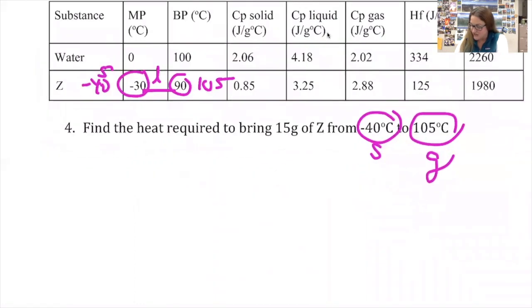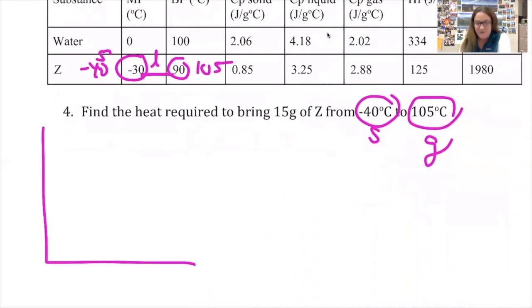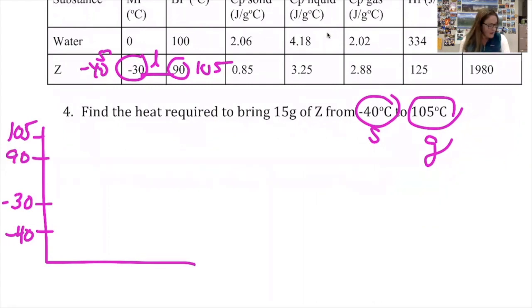Knowing that I have a phase change, I'm going to make a heating curve. The temperatures that I put on it: starting point, ending point. And then I want to put in the melting point and boiling point, not of water, but of Z. -30 and 90. My heating curve increases from -40 to -30, levels off, increases to 90, levels off, increases to 105.